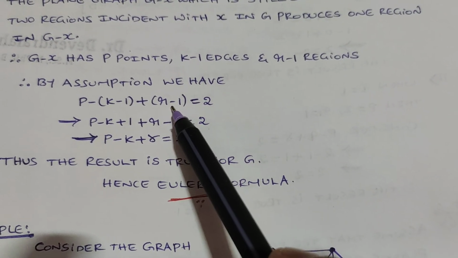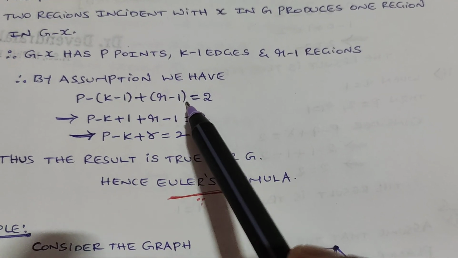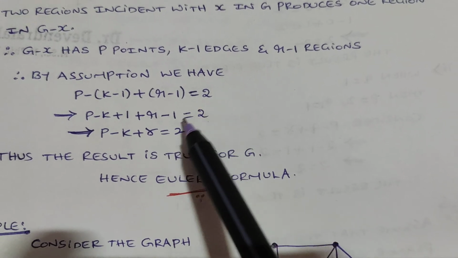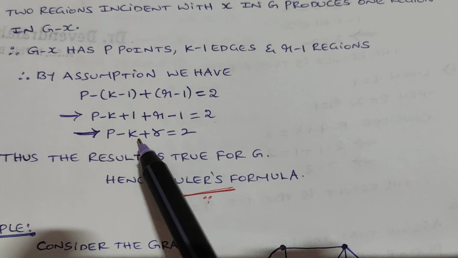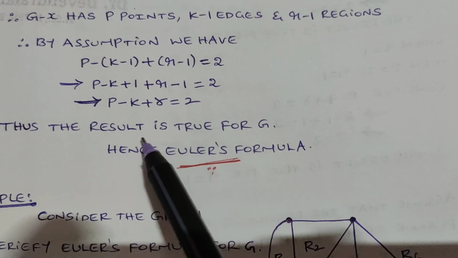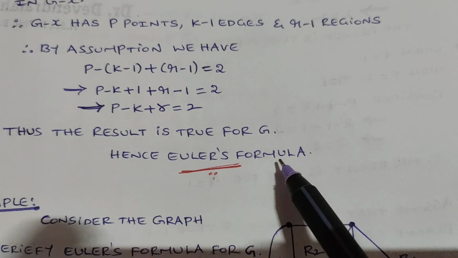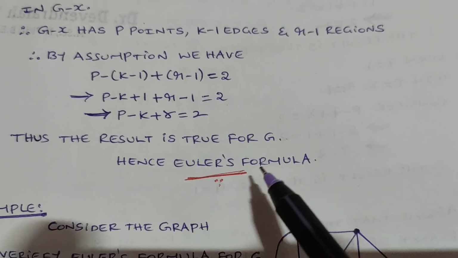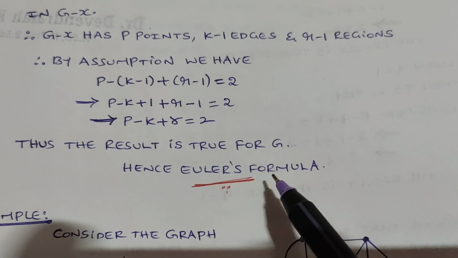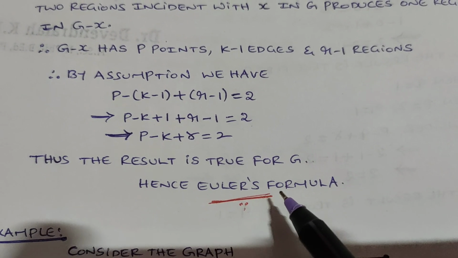In this case, we observe that P minus k plus R equals 2. Thus, the result is true for graph G. Hence, Euler's formula is proved. This is the method of proving Euler's formula by using mathematical induction on Q.